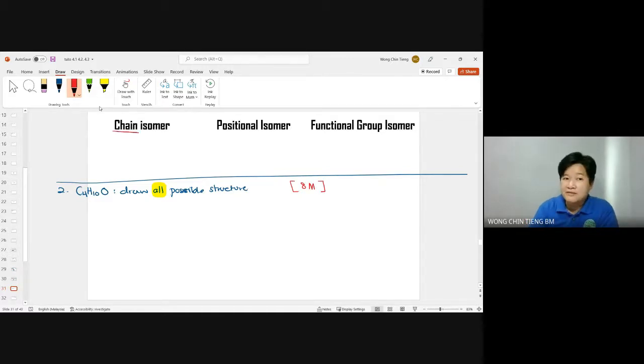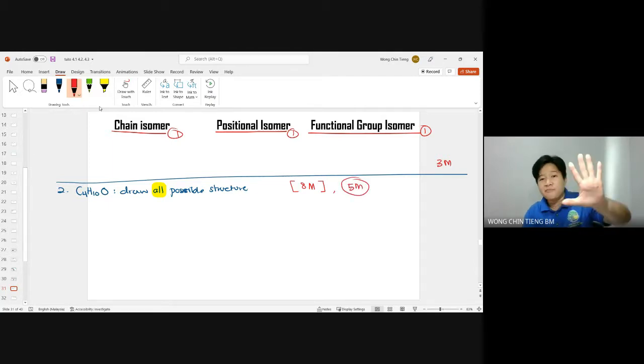Lepas tu dia minta satu pasang chain isomer, satu pasang positional, satu pasang functional. Kat bawah tu dia tanya identify the type of isomerism present. Dia tanya satu. So kat sini 3 markah lah. Atas dah 3 markah. So bawah akan tinggal 5 markah.